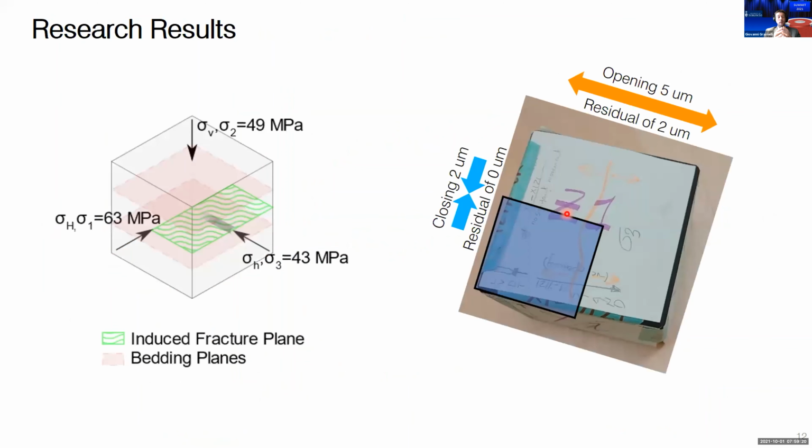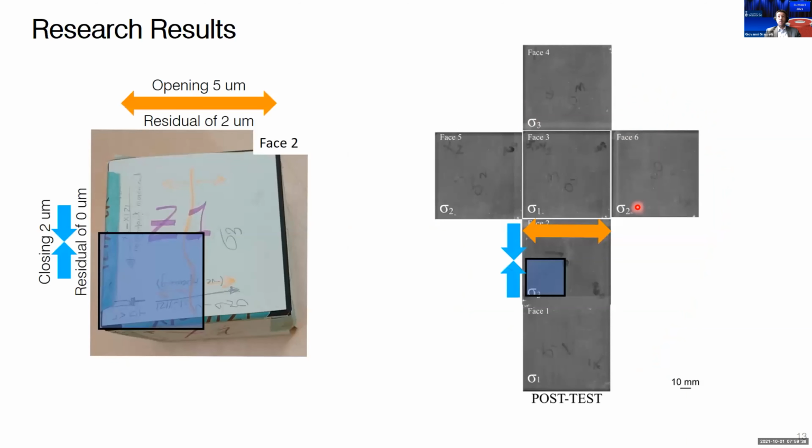So what to do? At that point, there were a lot of interesting results that were not easily explainable. So we took the sample out and started looking at what could have happened.